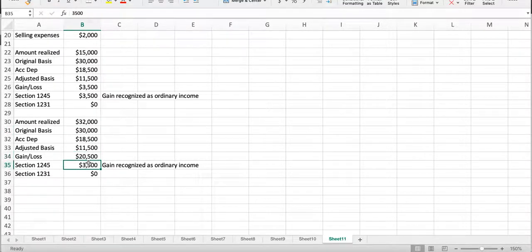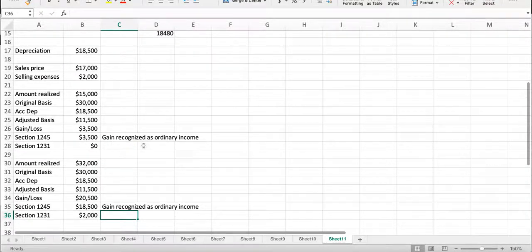So let me get rid of that because we don't know what that is yet. So we have a $20,500 gain. Now the Section 1245 is going to be the lesser of the accumulated depreciation or the gain or loss. So the lesser of the two is the accumulated depreciation. And then the remaining part of that will be $2,000, which will be a Section 1231 gain, which has different tax characteristics.